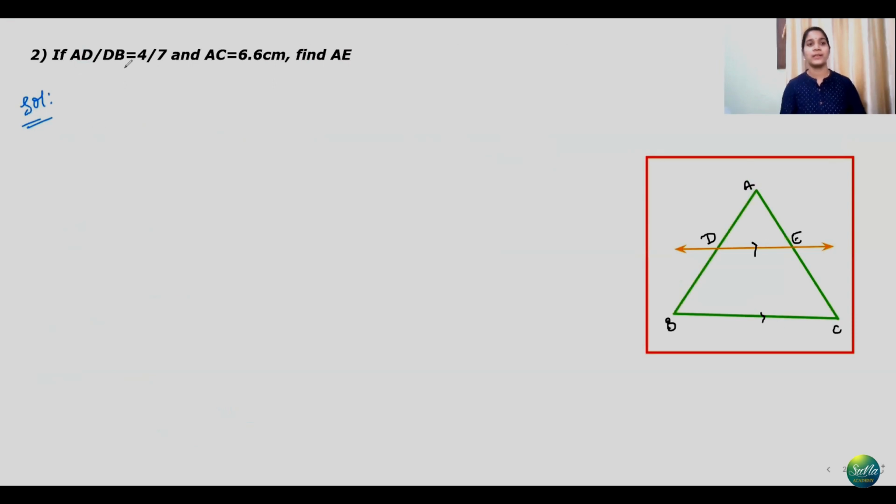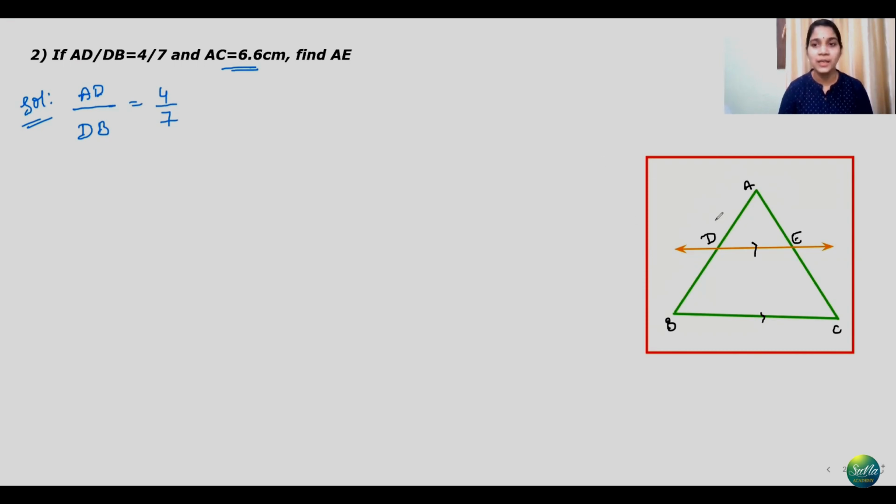Let us have a look at another problem. We are given that DE is parallel to BC for the triangle ABC, and we are given the ratio AD by DB is equal to 4/7, and AC value is given as 6.6, and I need to find out the AE value. So here I don't know the exact measurement of AD and BD, but they are in the ratio of 4 to 7.